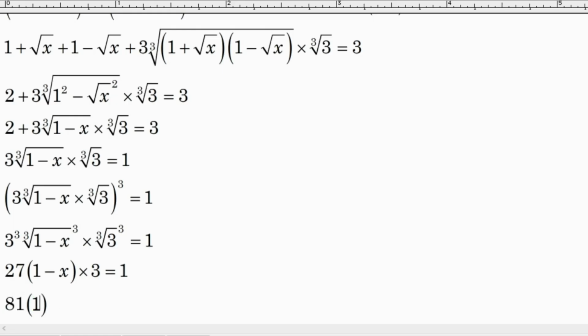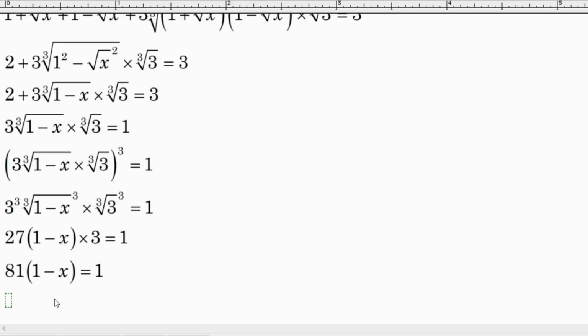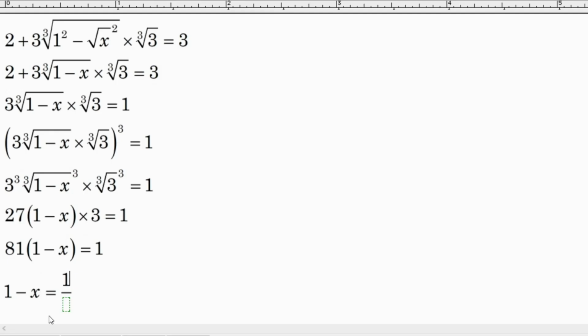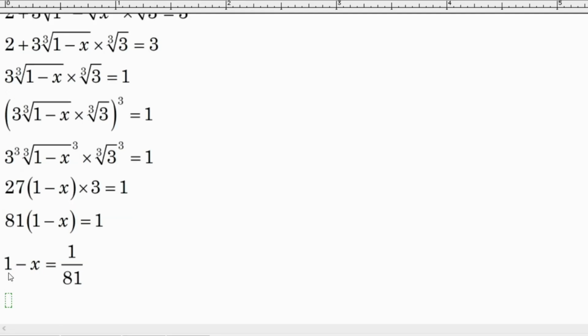Then 81 times 1 minus x equal to 1. Okay, so then we can move 81 to the right hand side of the equation. Here is multiplication, so when we move it to the right hand side of the equation, it changes to division. So that will be 1 minus x equal to 1 divided by 81. Okay, so then we will leave minus x here, and we can move 1 to the right hand side of the equation.